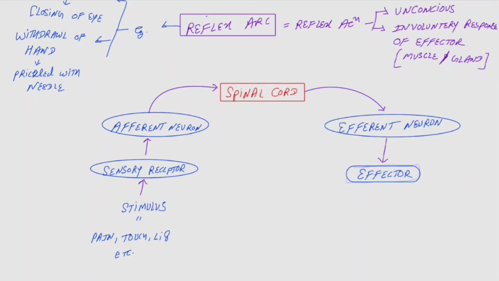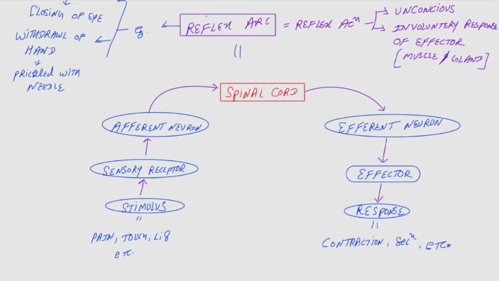And the effector organ or part shows a response. So the response is like contraction, secretion, and like removing of the hand or withdrawal of the hand, etc. Clear? It's the pathway of the reflex arc. Clear or not?